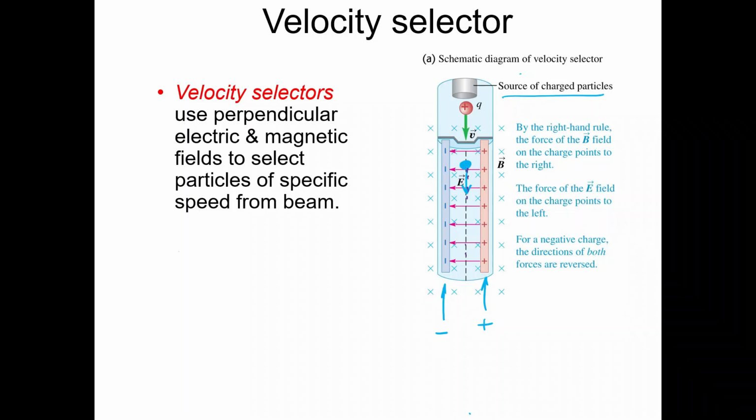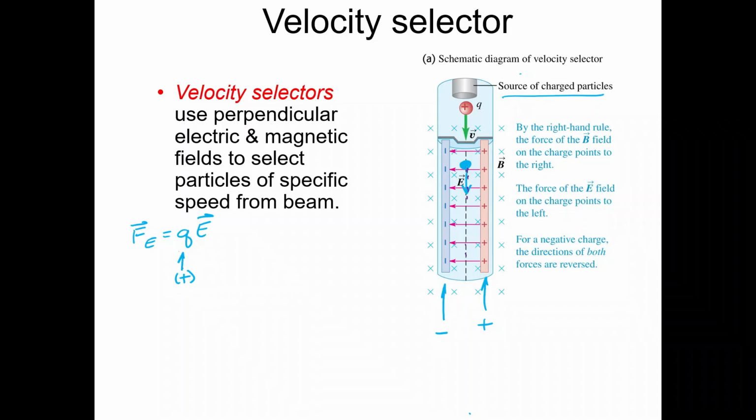When we look at this, the electric field is creating a force. We have to recall from our previous unit that our electric force is equal to Q times E. Our electric field is a vector that goes from positive to negative for the charges, but Q is our charged particle that is moving in that field. And remember, in this case our Q is positive.